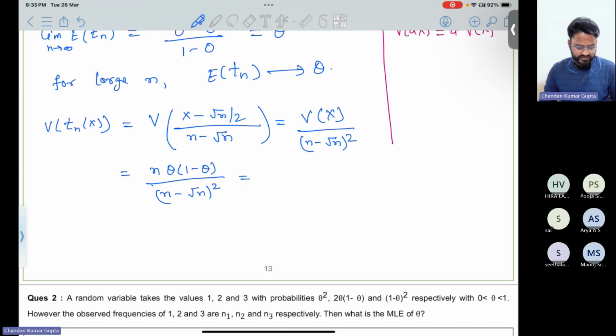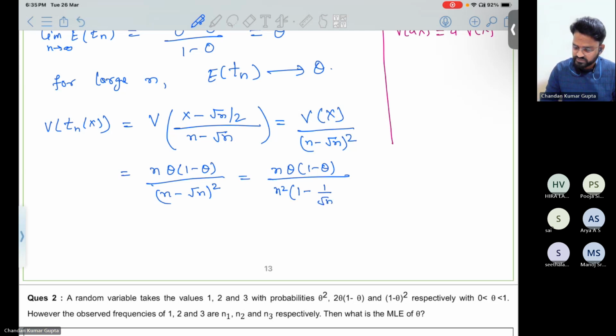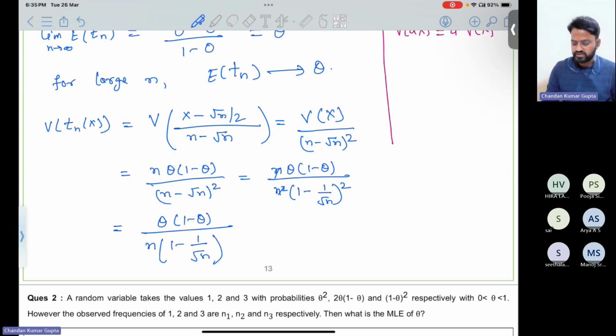We will take n square as common here, n theta 1 minus theta, n square is taken as common, it's 1 minus 1 upon root n. Okay, so after cancellation, it gives theta 1 minus theta upon n times 1 minus 1 upon root n whole square. If we take large n here, then this n is in the denominator.